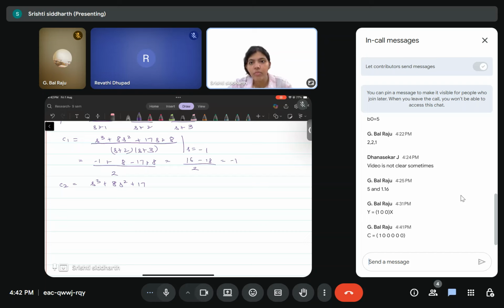You can also unmute yourself if you want to say something, because this C vector is incorrect.